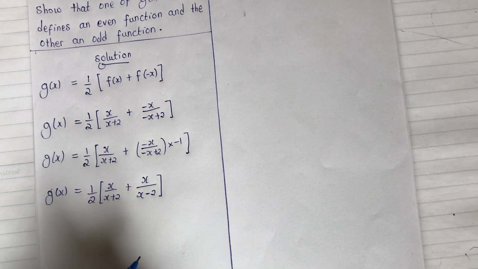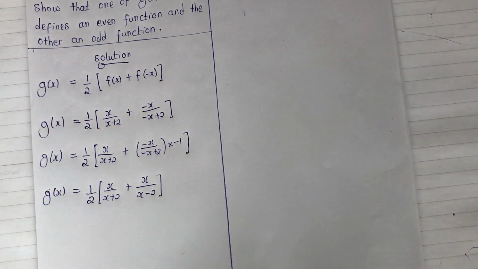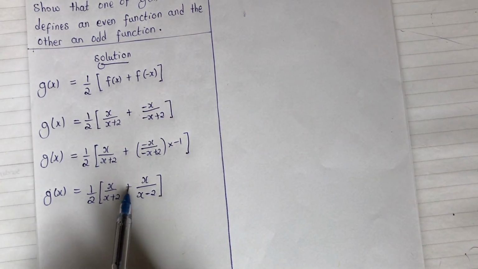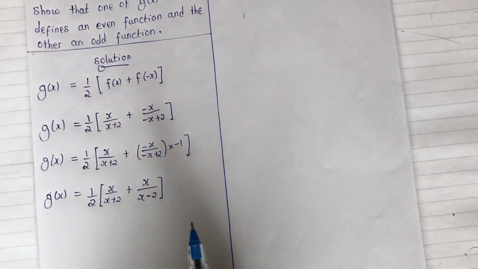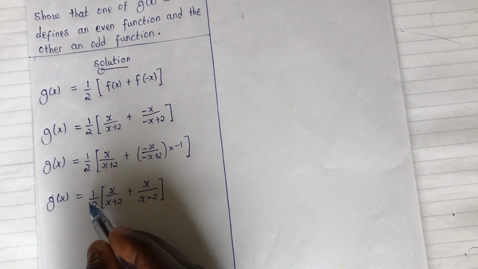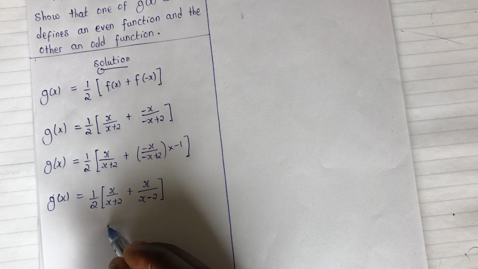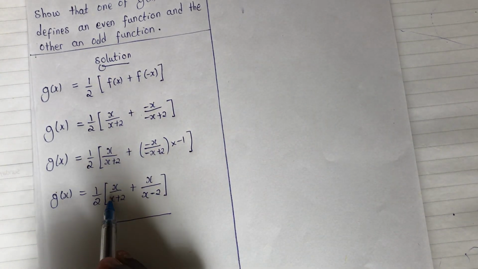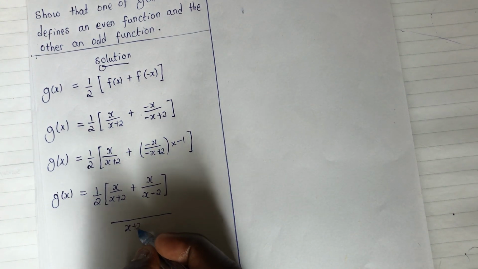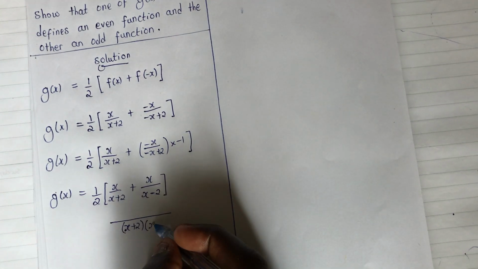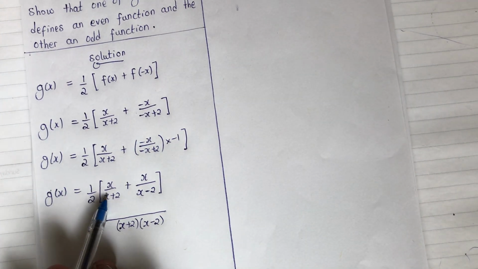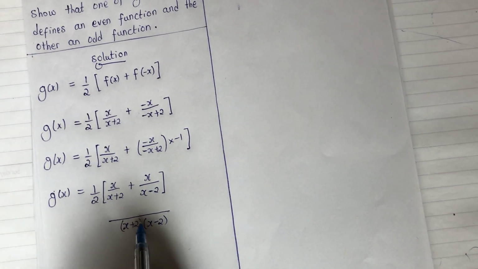Now your next step is we need to break this down to the simplest form. So I'll take LCM here. We take LCM for addition and subtraction. If this side is subtraction, I'll take LCM. If this side is addition, I'll take LCM. So for the 1 over 2, let's take LCM here. So the LCM is the denominator times the next denominator. So we have x plus 2, then x minus 2. So now we ask ourselves, x plus 2 into x plus 2, it will cancel.